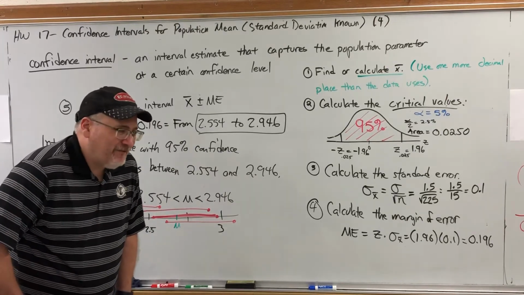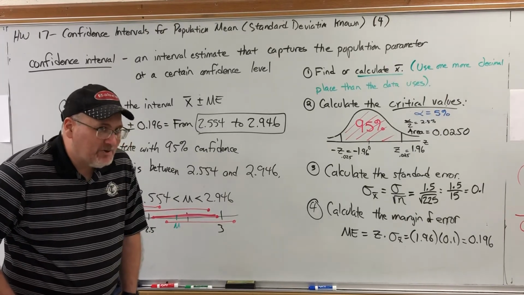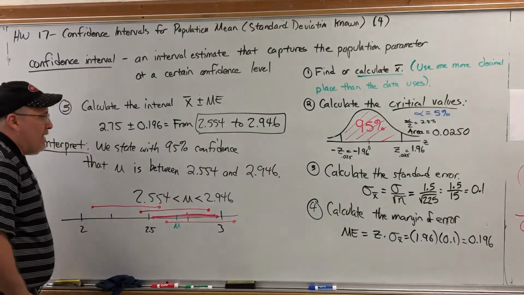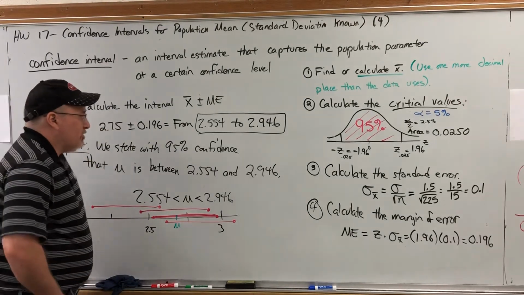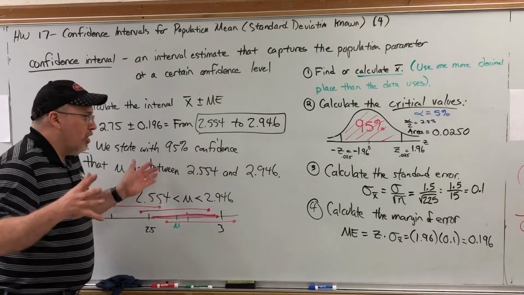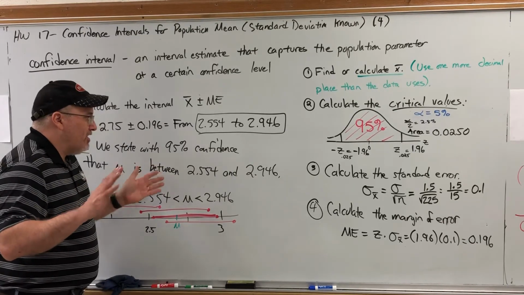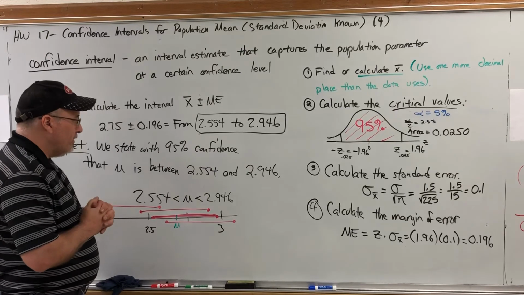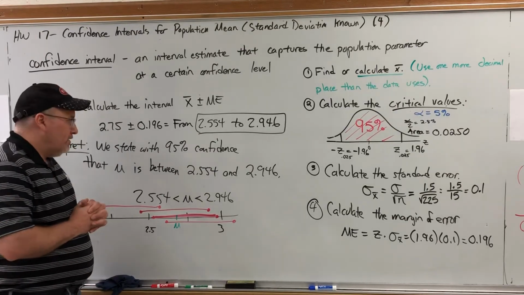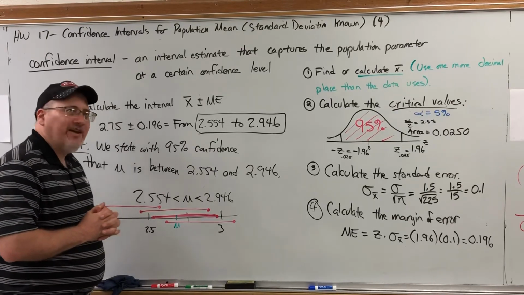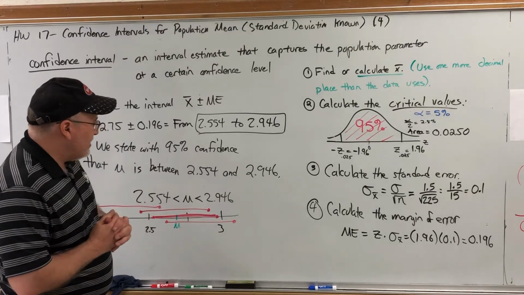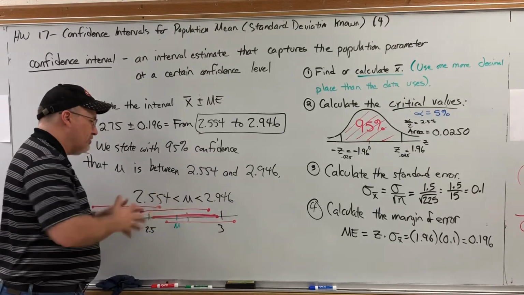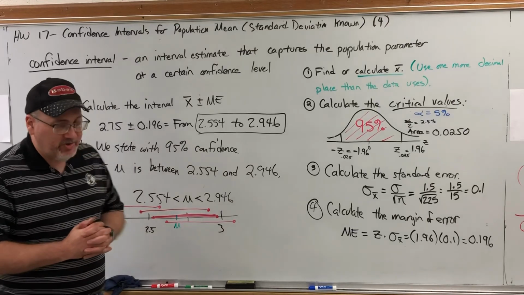I don't have much faith in your estimate if you're only 10% confident about it. So it's a battle between having an interval that's not too large and having a confidence level that's not too small. So what's a good confidence level? Usually in the 90s. 90, 95, sometimes as high as 99, but below a 90% confidence level, you start getting smaller intervals, but you don't have much confidence in the results.